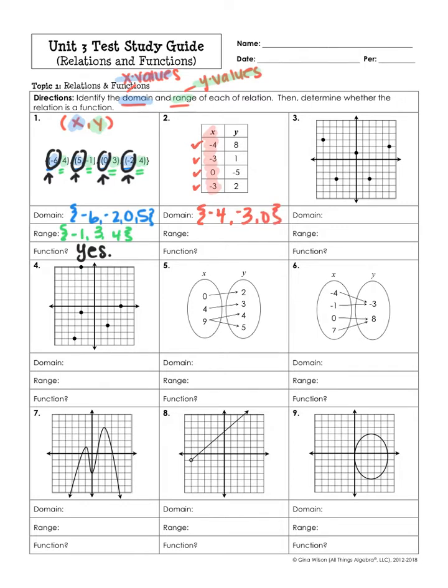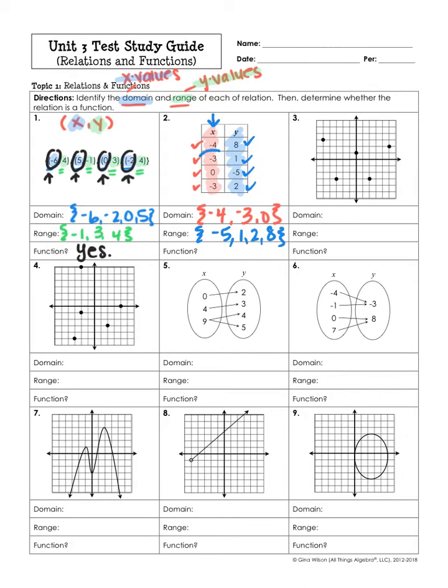For our range, it's going to be our y coordinates. And again, we write them in order from least to greatest. So our smallest range is -5. Then we have 1. Then we have 2. And lastly, we have 8. To determine if this one is a function or not, again, remember to check out the x coordinates.